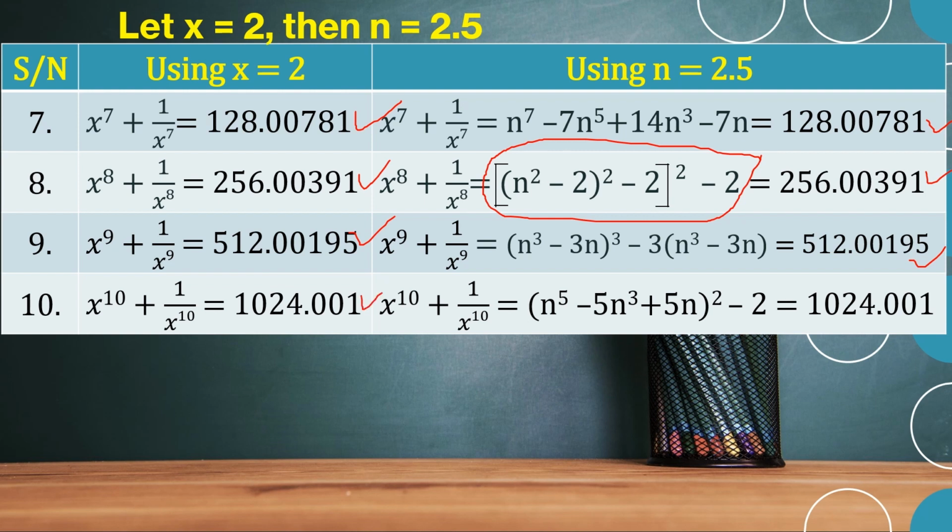And the same thing for x raised to power 10 plus 1 over x raised to power 10. So these show that the algebraic expressions that were derived previously are correct. But I'd like us to note that we are looking at a scenario where x is greater than 0. That is, x is positive and x is not 0. And x is also not negative.